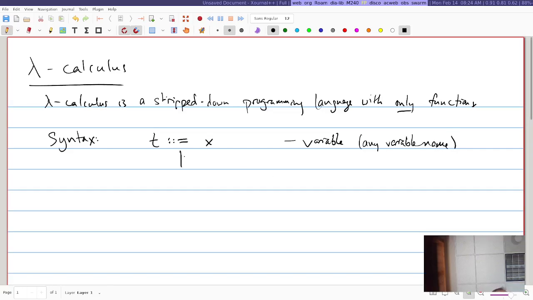Or it could be the symbol lambda followed by a variable, followed by a dot, followed by T, where I mean, recursively, any lambda calculus term you want to be there. Okay, so this is called an abstraction, or you could just call it a lambda term.